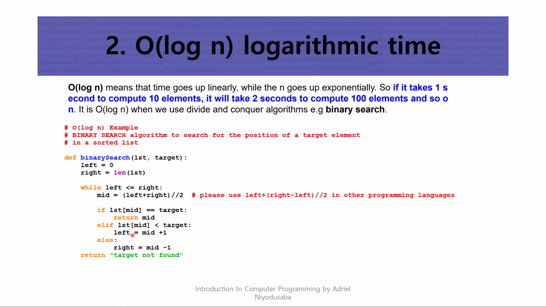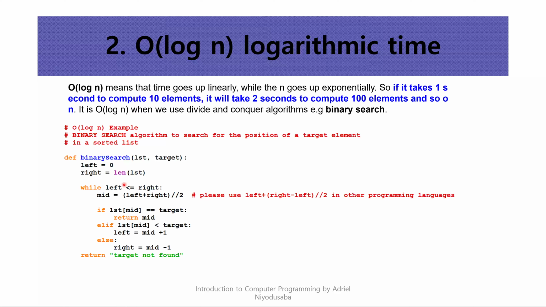If that's the case, then I will move my left pointer or boundary to one element past the mid number, because I know the answer can never be on the left of the mid number. And if that's not the case, then my mid number is bigger than the target, and then I will move my right boundary to mid minus 1.